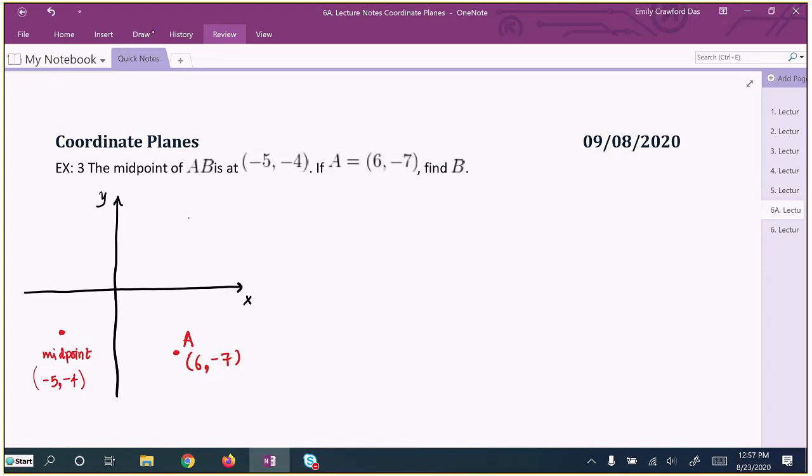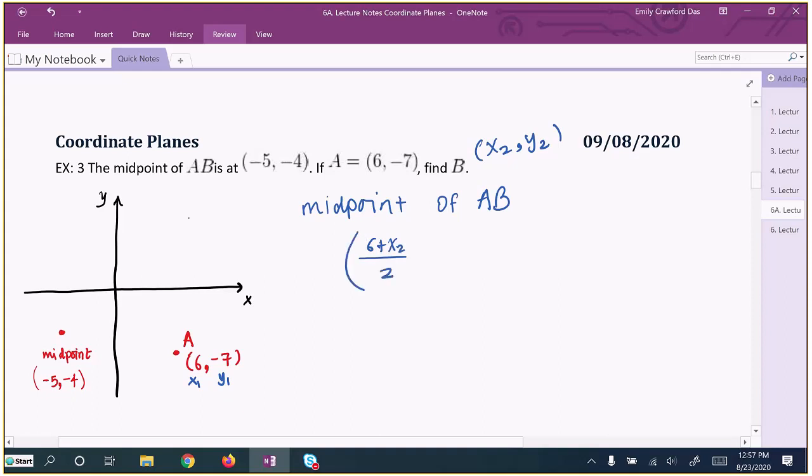All right, well, let's use the midpoint formula to try to find it. The midpoint formula tells us that the midpoint of the segment AB, if I call this x1 and y1, and B is x2, y2, then the midpoint should be (6 plus x2) over 2, comma, (minus 7 plus y2) over 2.